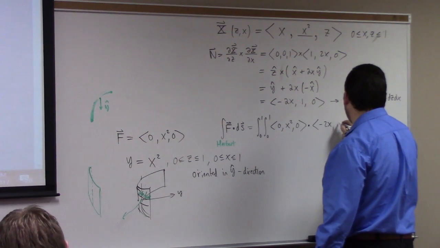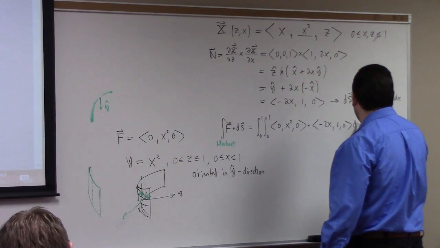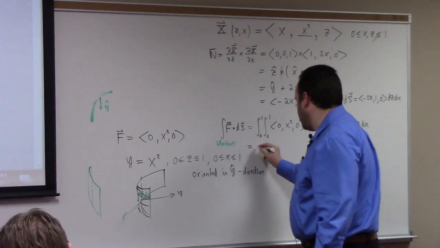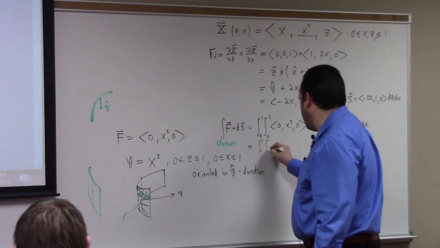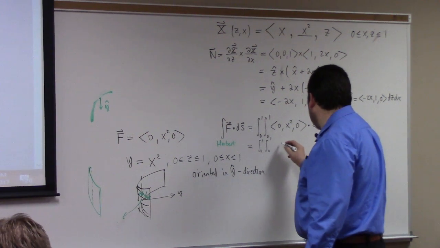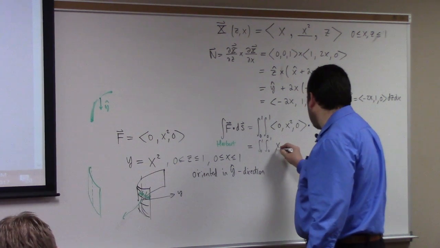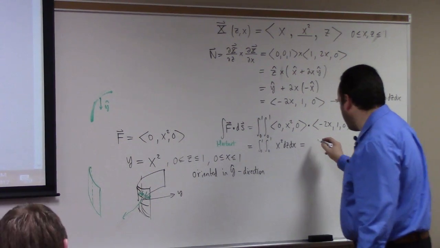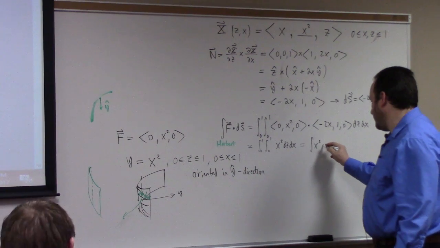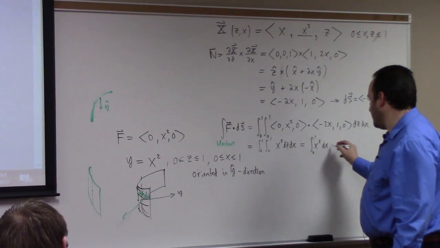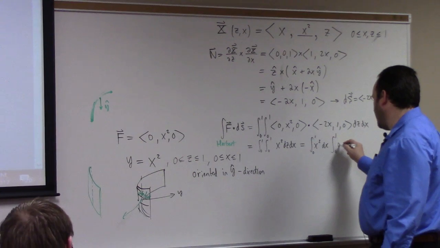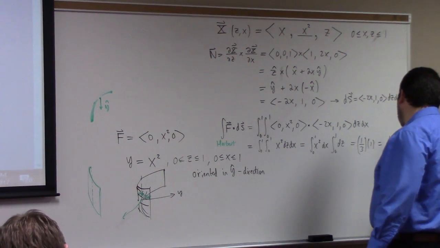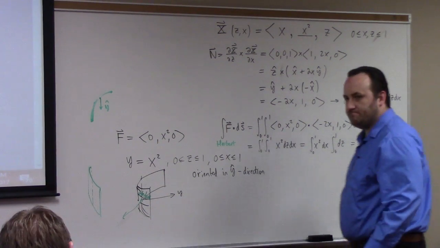I really hope this isn't 0. That would be nice. Okay. But this is also actually not too bad a problem. This is actually a pretty nice test question, don't you think? This is just x squared dz dx. There's 1/3. So we can factor the integrals because they're not intertwined. dz gives 1/3 times 1. So yeah, the flux is 1/3.